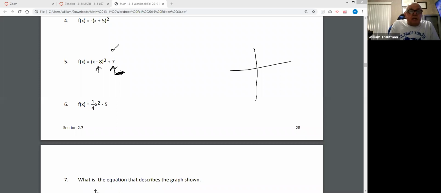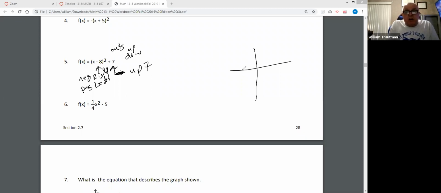On the outside, it moves up or down. So this one moves up 7 spots. On the inside, it moves right or left. If it's a negative, it moves right. If it's a positive, it moves left. So it's a negative, it moves right.